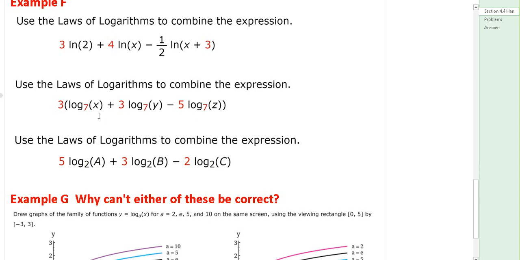We'll go with this next one. 3 and then parentheses, log base 7 of x plus 3 log base 7 of y minus 5 log base 7 of z.